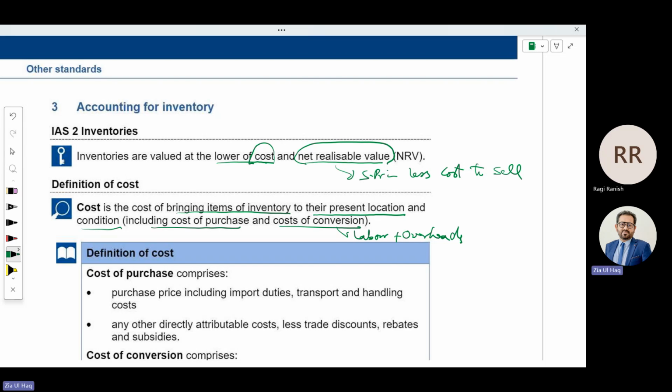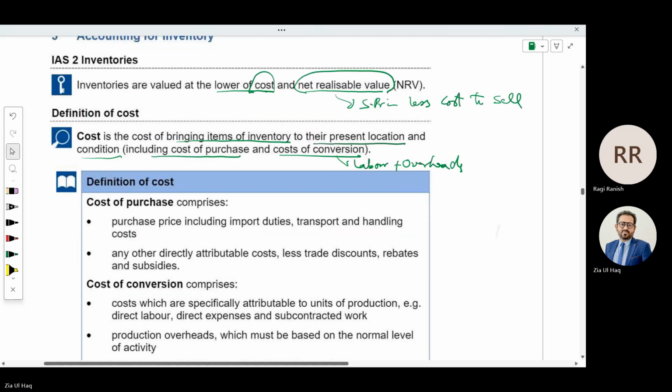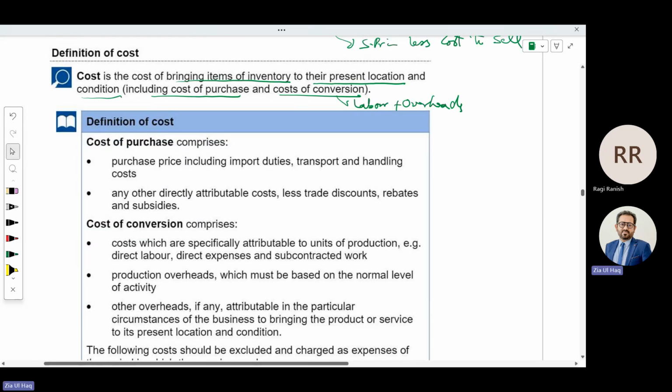All the costs incurred to present the inventory in its present condition and location are part of cost. Cost of purchase includes purchase price, including import duties, transportation, and handling cost. And this handling is also called storage cost of material.